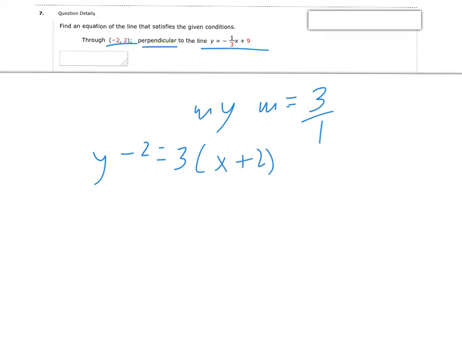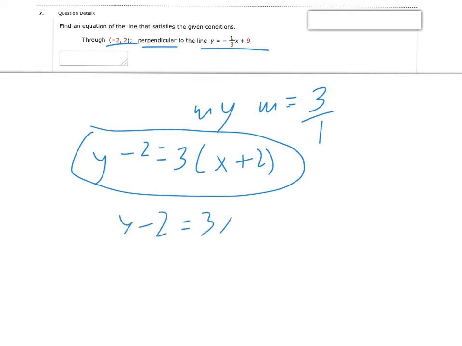And since that x is negative, I'm just going to switch it to plus 2. All right, and you may be able to type that in once again. That's correct for the point-slope form, but if it doesn't like that, you can go ahead and distribute here. So I call it 3x plus 6, and then add the 2 over. So y equals 3x plus 8.